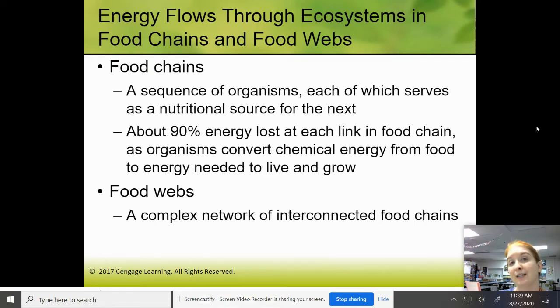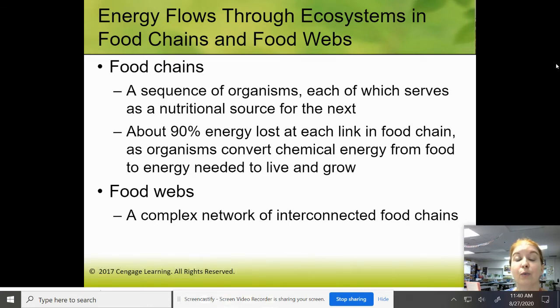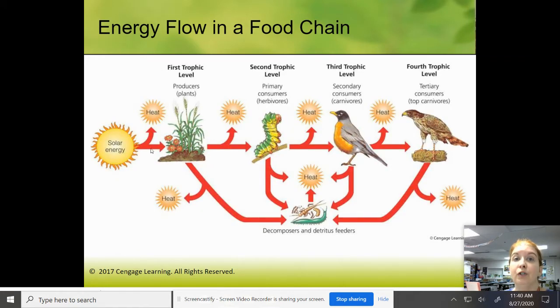So food chains are nice and pretty, but they're not very accurate. Food webs are a complex network of interconnected food chains, and this is much more accurate to what you would find in nature and ecosystems. In a food chain, the sun sends its energy to the plants or the producers, and we lose energy as heat, lower quality energy. The producers are eaten by the primary consumers, and once again, heat is being given off. Primary is eaten by secondary, secondary is eaten by tertiary.